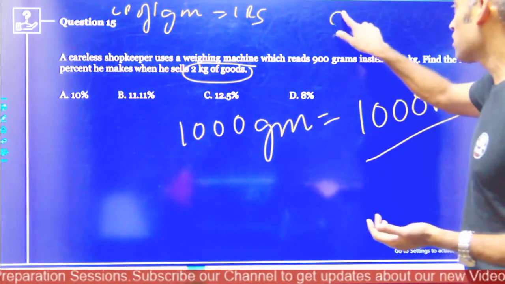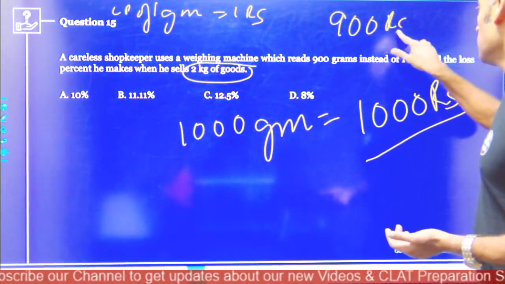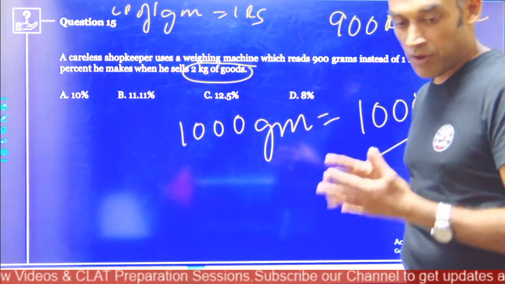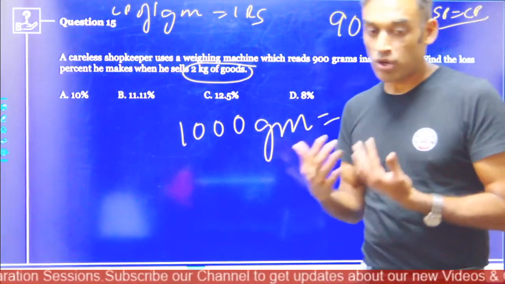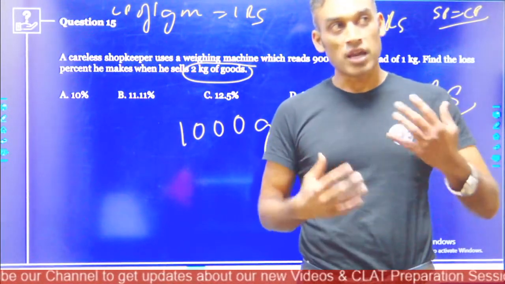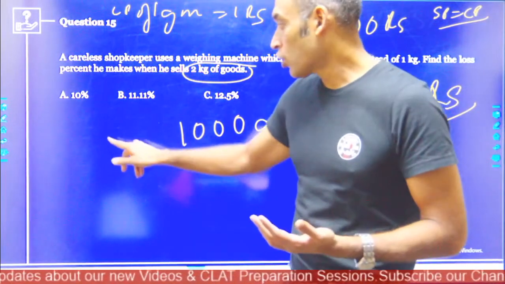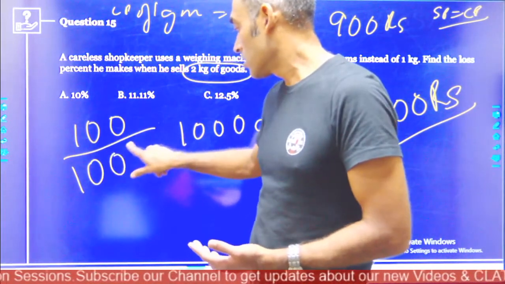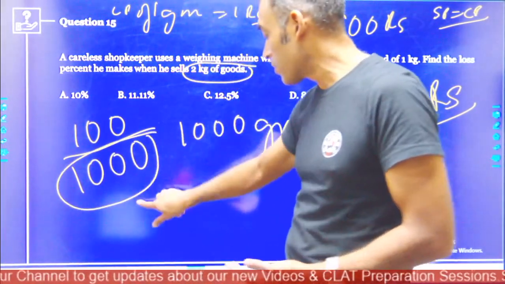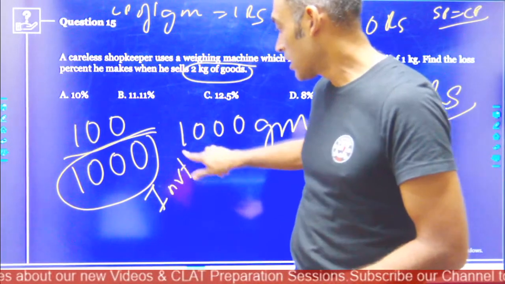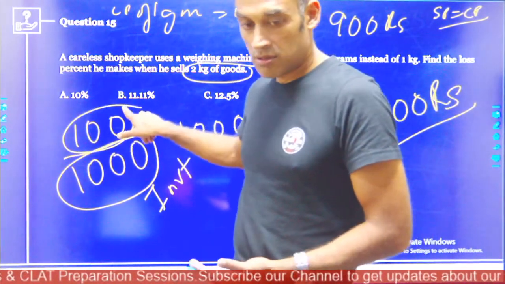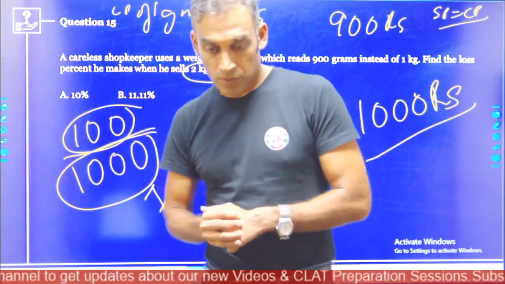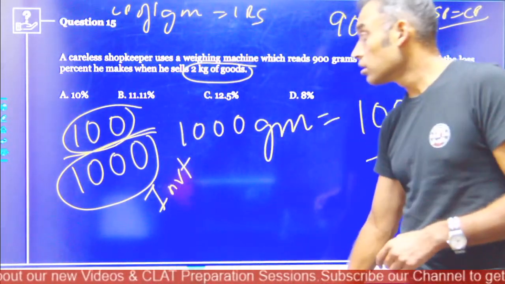He's realizing just 900 rupees. So just because of this fault of his, he is not able to realize the entire amount. He is realizing 900 rupees. Therefore, the loss is 100 rupees on 1000 investment. This is his investment, and this is the return that he gets. He gets a return of 900. This is the loss that he gets. So this becomes 10%. Okay, so the answer will be 10% here.